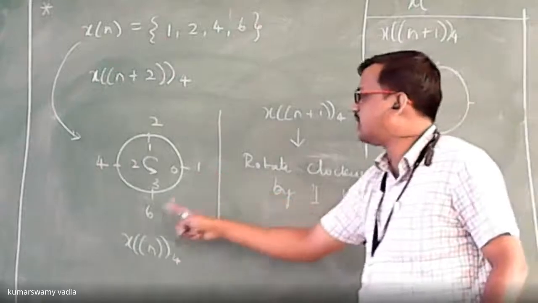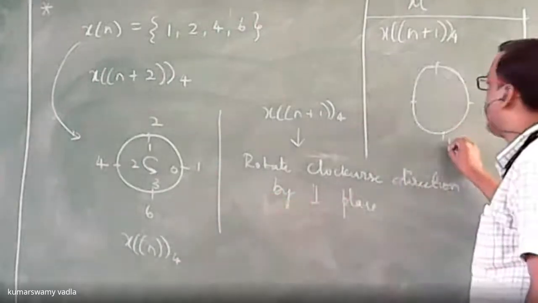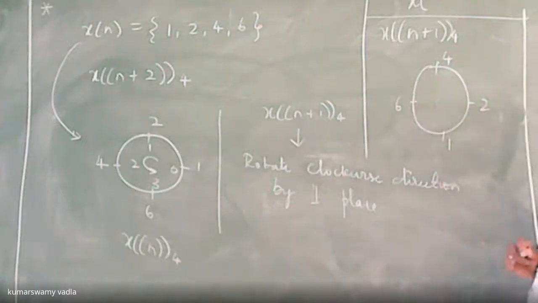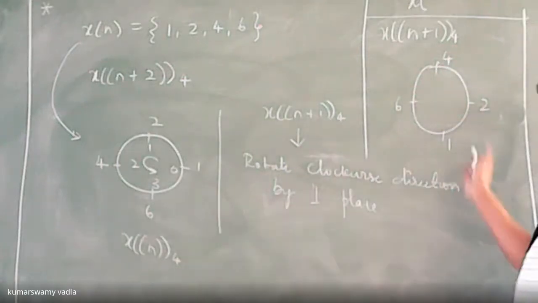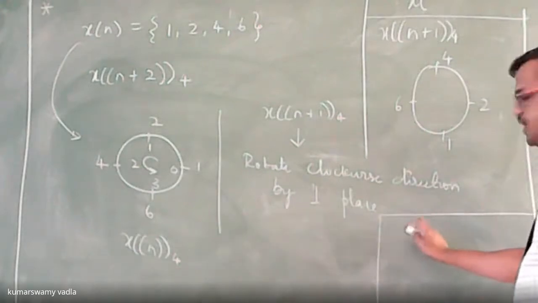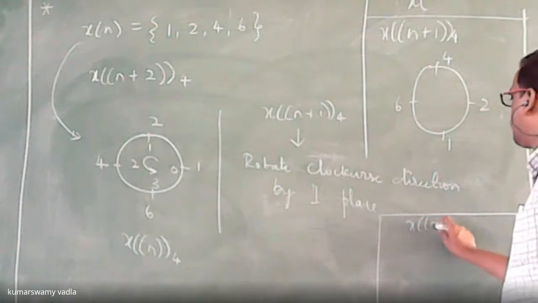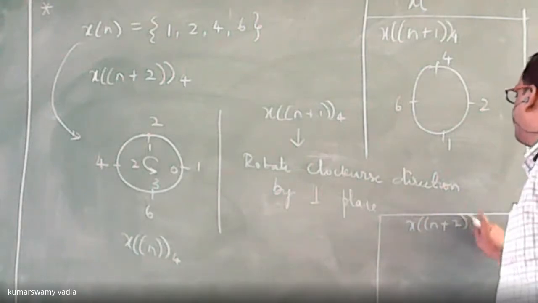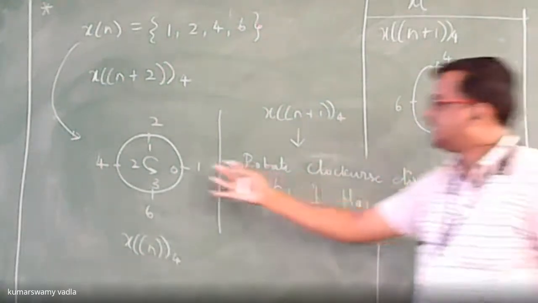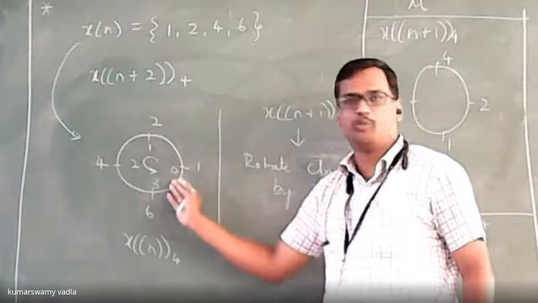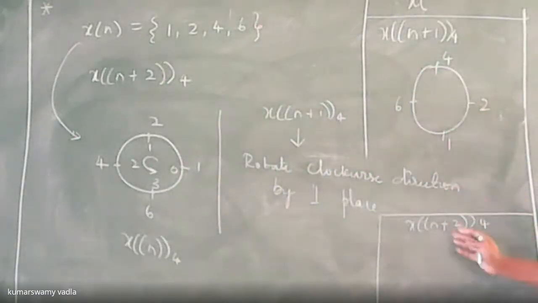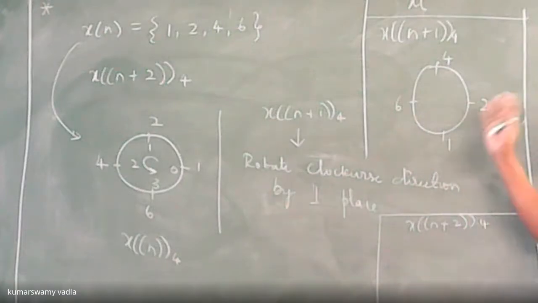Clockwise means this one comes here, so 1, 2, 4, 6. Then, to represent x of n plus 2 of 4, there are two ways. Either you rotate this clockwise by 2 positions, or you rotate this, which you have already done once, one more time, and that will give you the answer.